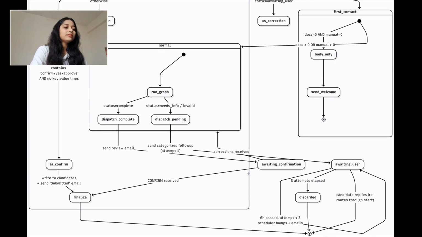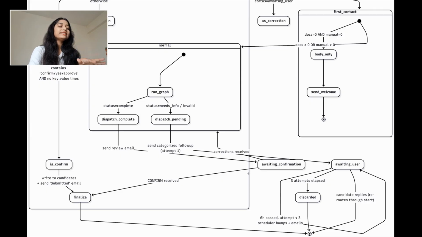And the other task is the mail sender, which sends every email with the In-Reply-To header, so that all the conversation for a particular candidate is threaded under one conversation.